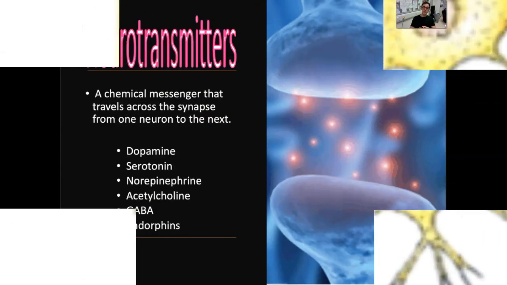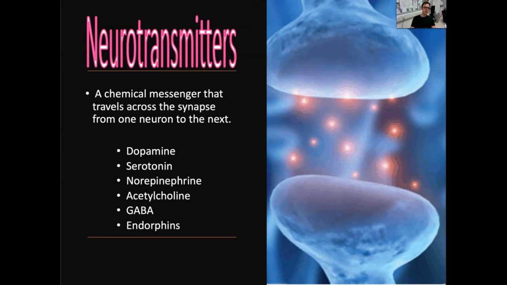So now that we understand the synaptic gap, we're going to talk about these chemical messengers. These chemical messengers are known as neurotransmitters. Neurotransmitters are the chemical messengers that are passed down by a neuron, and they are released in that synaptic cleft from the presynaptic membrane to the postsynaptic membrane.